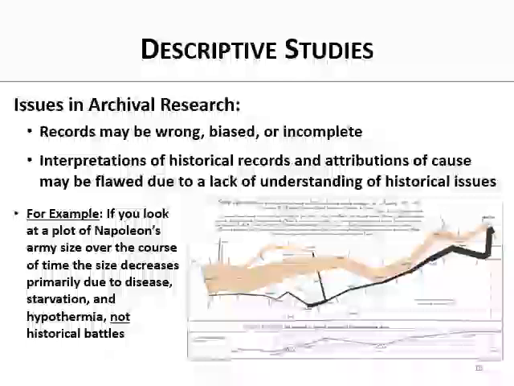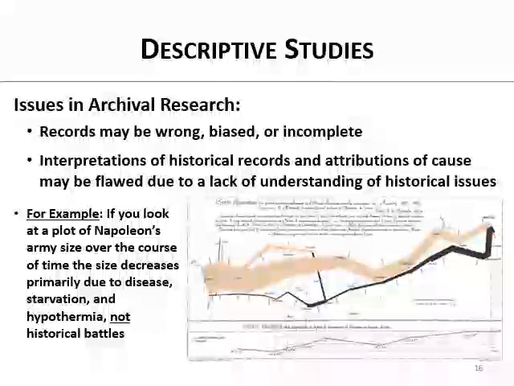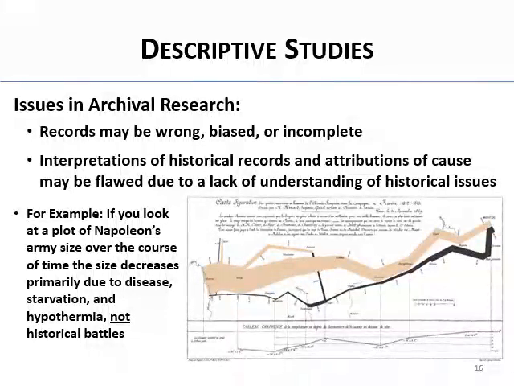But the reality is, most of the attrition, that is the shrinking of the width of the tan line and the black line, was due to other causes having nothing to do with the battles. It was hypothermia, diseases, and starvation. Those were the actual causes. And were you to say it was battles, you'd be wrong historically.